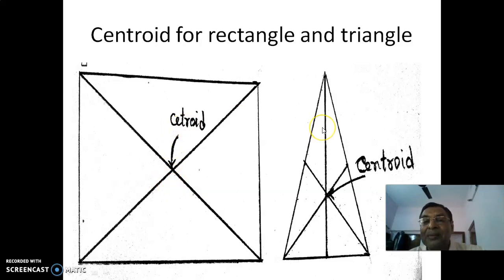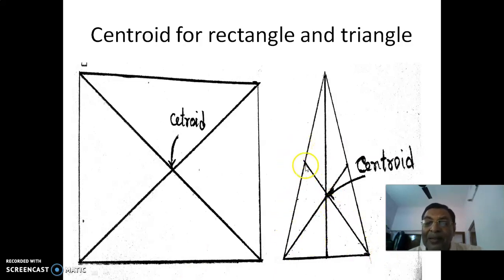Similarly, for a triangular shape, you get the centroid by connecting the midpoint of one side of the triangle to its opposite vertex.